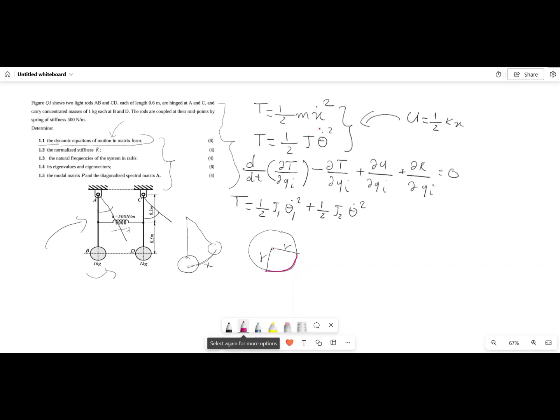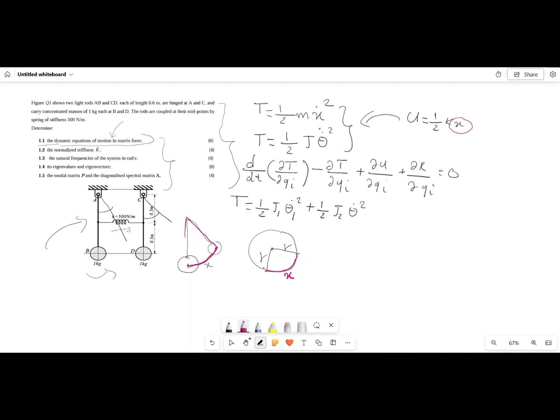So in this case, it is our displacement x due to the angular motion created. The same applies here: it was initially here, now it has moved here, so there is an arc length created. The arc length is simply the displacement we are talking about.